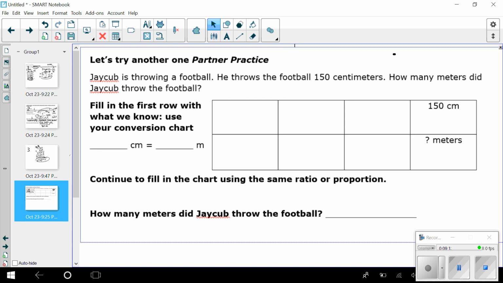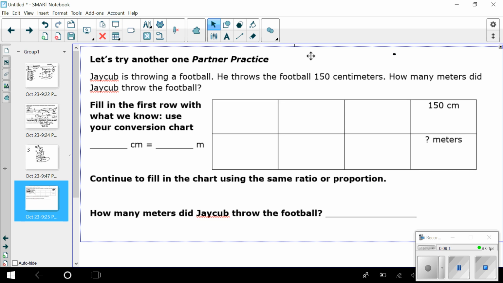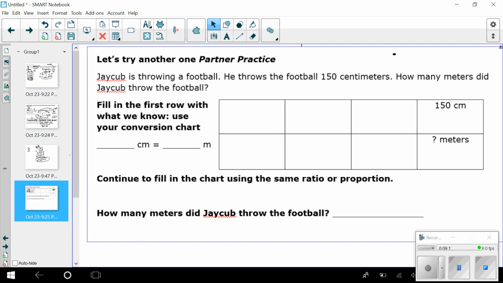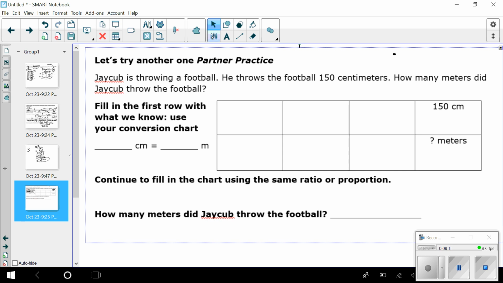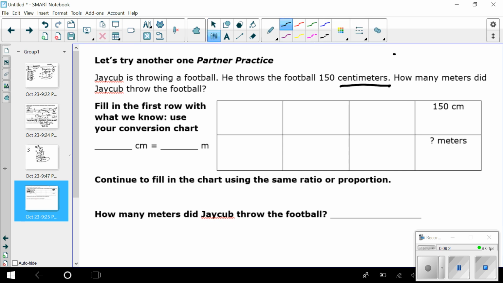And this one, as you can see, is dealing with the metric system because we're talking about centimeters and meters. So what are we going to do? We are going to fill in the first row with what we know. So what do we know?